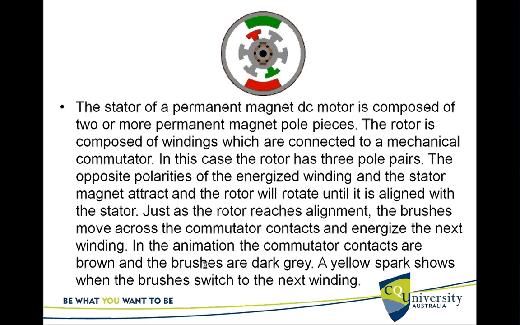Just as the rotor reaches alignment, the brushes move across the commutator contacts and energize the next winding. So that is how the movement continues. In the animation, the commutator contacts are brown and the brushes are dark gray. A yellow spark shows when the brushes switch to the next winding.